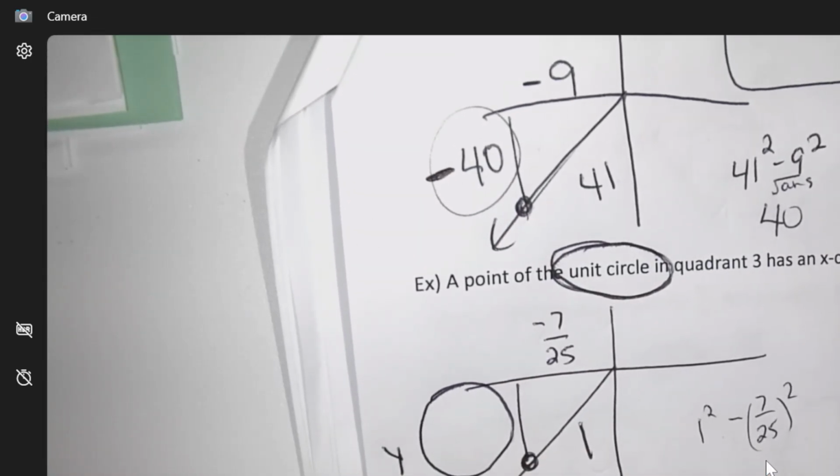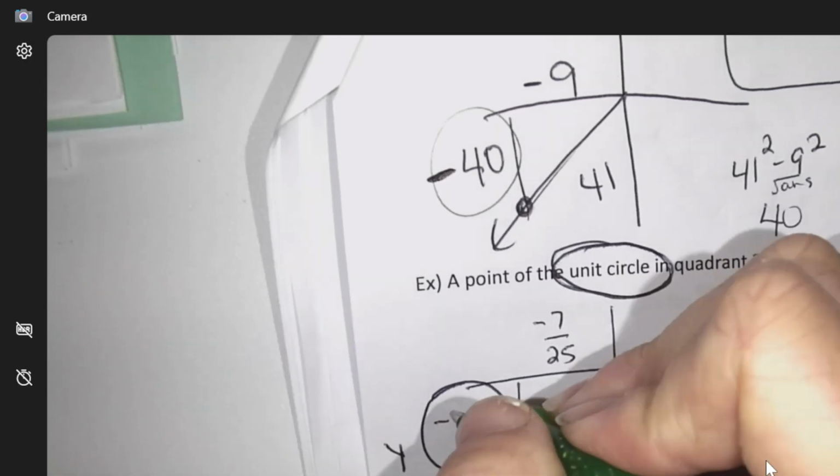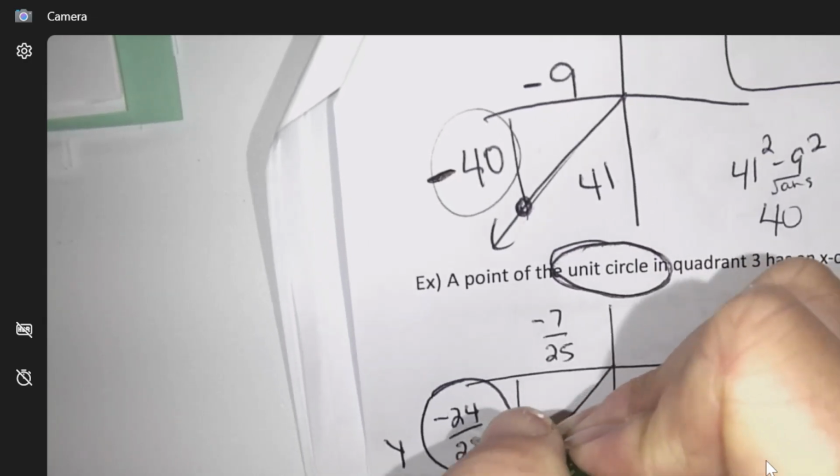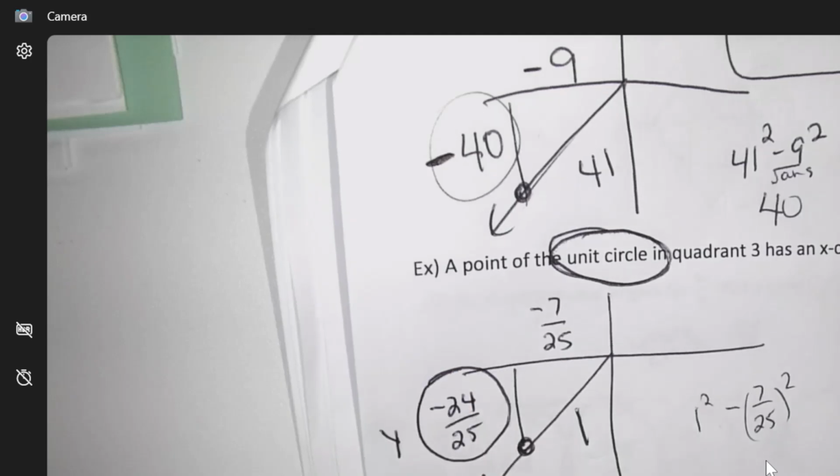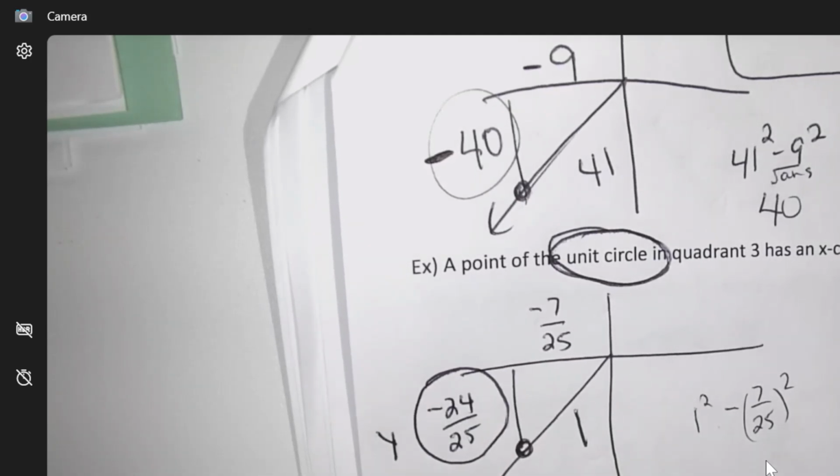Can anybody give me that? What would you do to go back just to the original y value? Divide by 25. Just shrink it. So it'd be that fraction, okay? So that's another way they could ask that question. They could say just what's the exact y value? So it'd be, what is this vertical side?